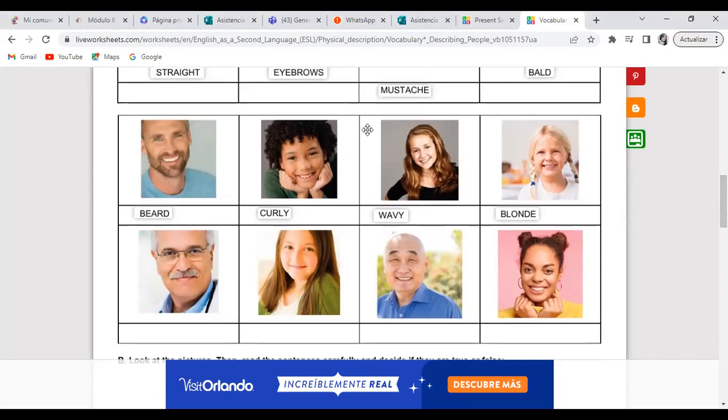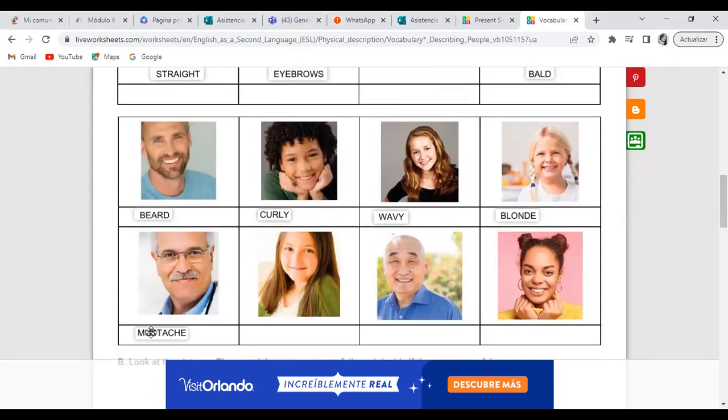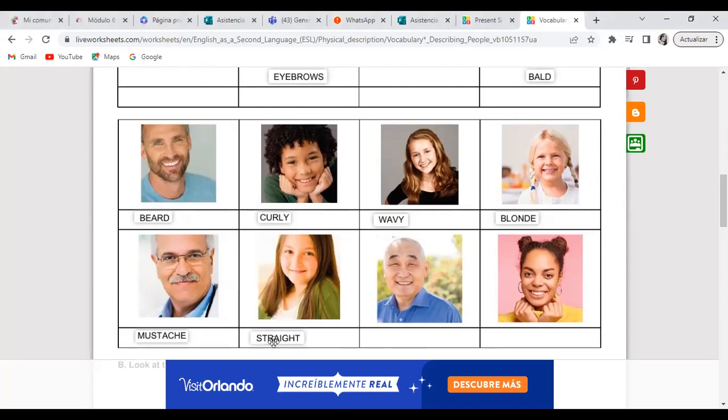Right. And the girl over here, what can you tell me about her? Okay, Arlette, the man has a mustache. And the girl? The girl's hair is straight, or she has straight hair. Lo pueden decir, she has straight hair.